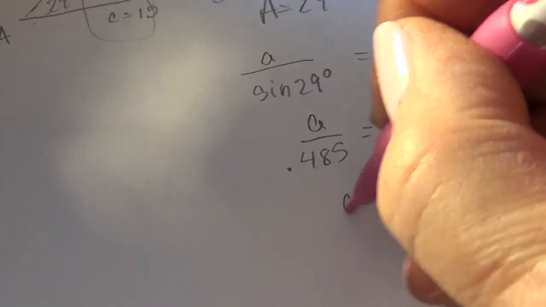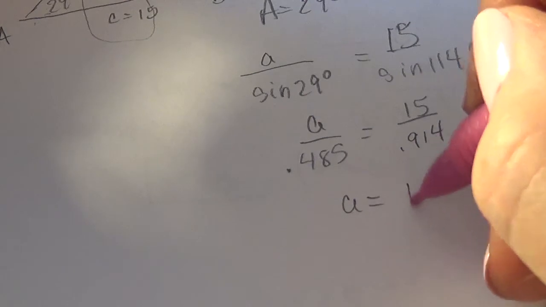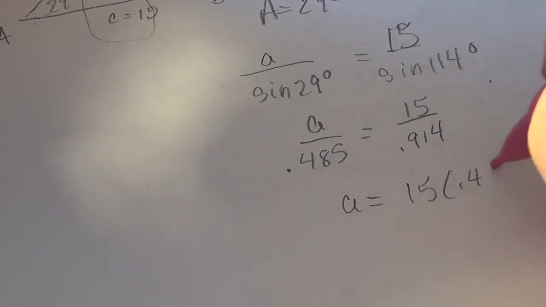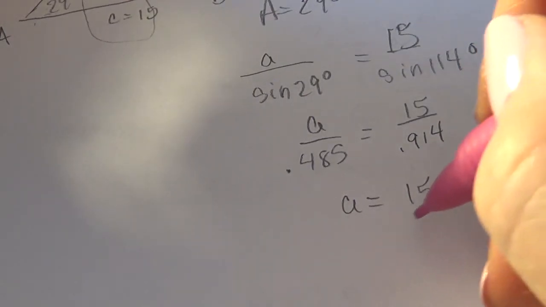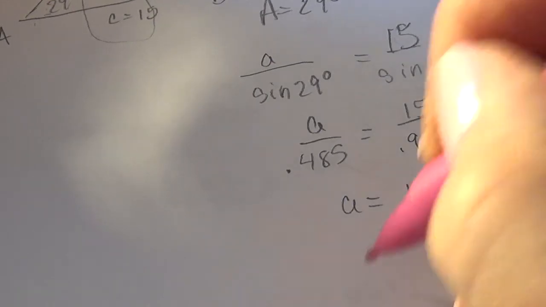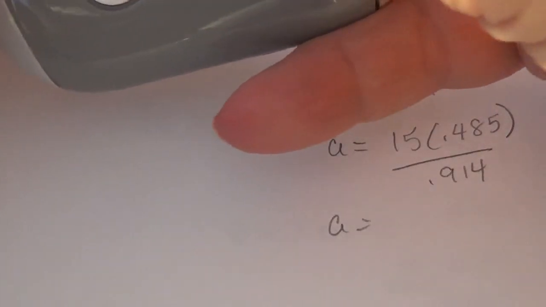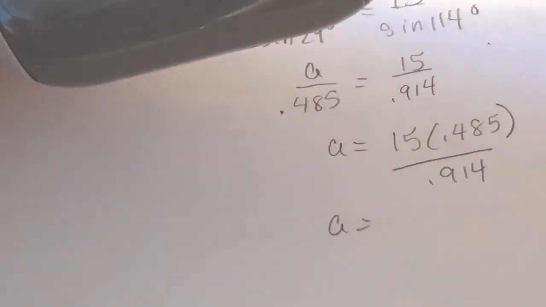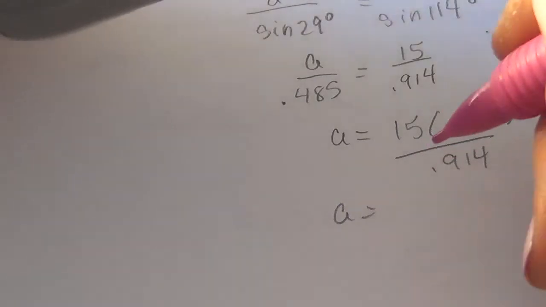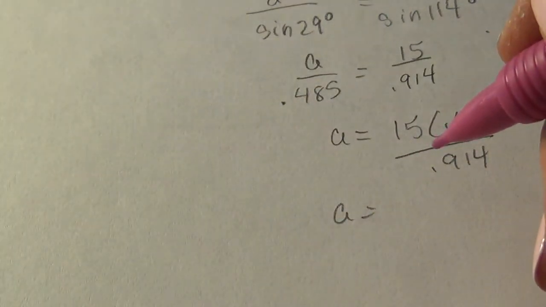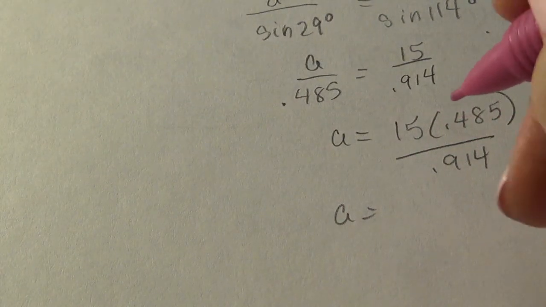So little a equals 15 times 0.485 divided by 0.914. Let's see what that is. 15 times 0.485 divided by 0.914 is 7.96, since I think they ask us to do 2 decimal places.